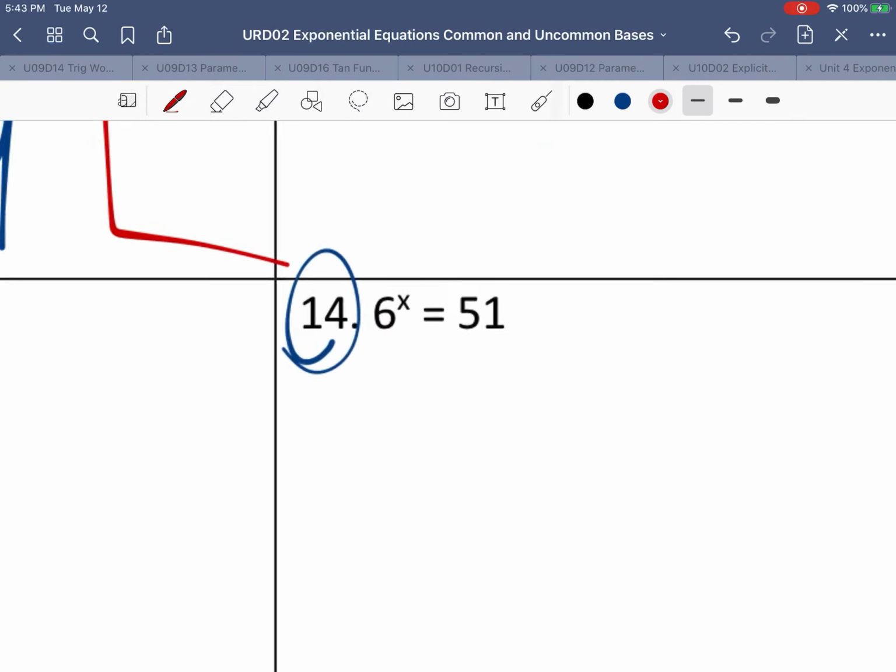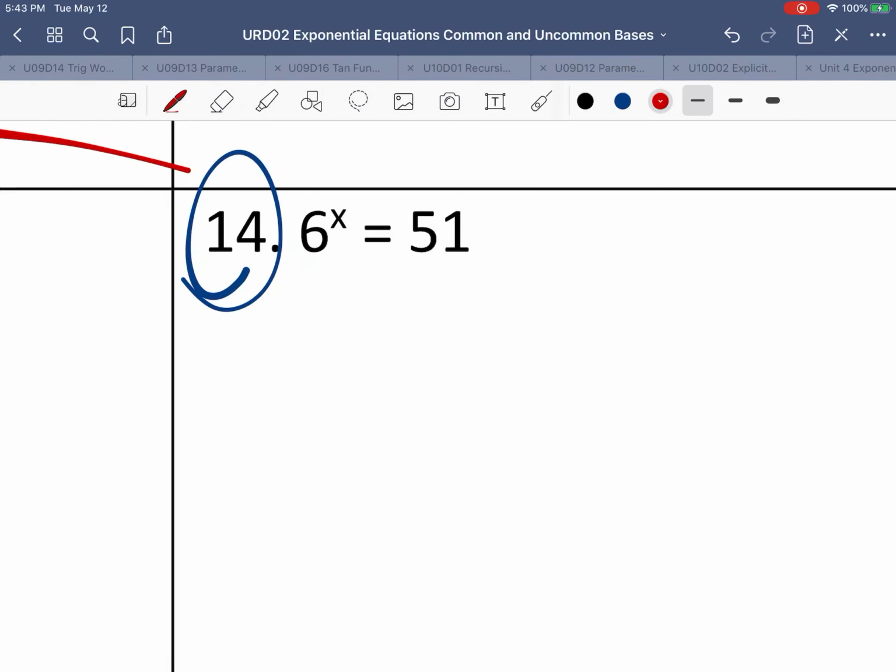Let's take a look at problem 14. There is no common base because 51 can only be written as 3 times 17, so we can't make that into a 6. So we can't use common base form. For this one, we're just going to have to use log form.